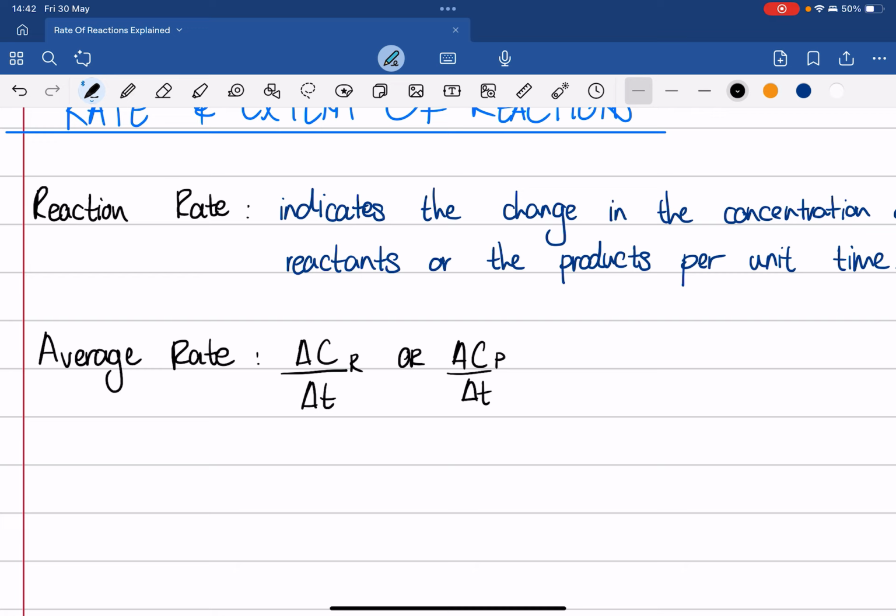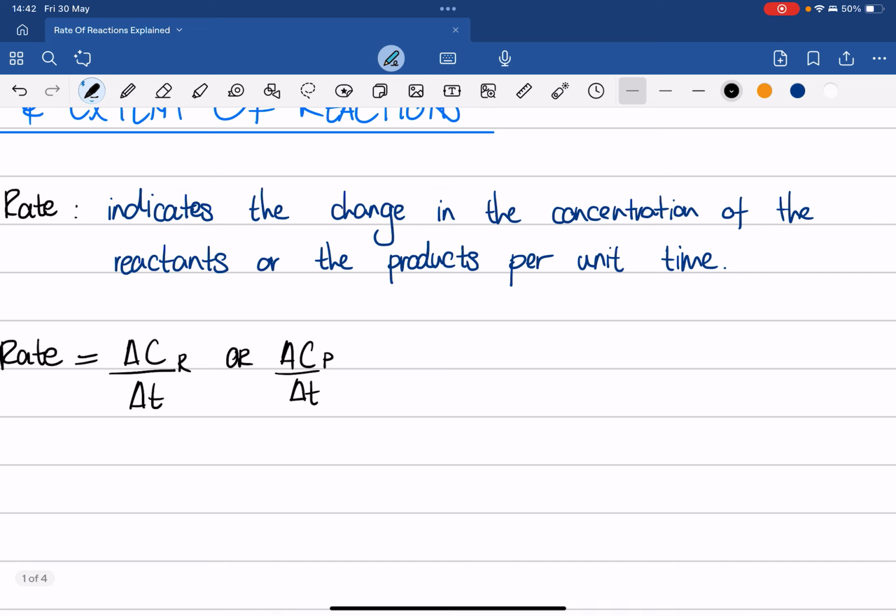So we can use concentration to find the average rate, but there are other formulas we can use as well to calculate average rate. You can also use the change in volume of a specific substance. For example, maybe there's a gas forming in your reaction and you can figure out the rate of the entire reaction by just looking at the volume that is formed of a particular substance.